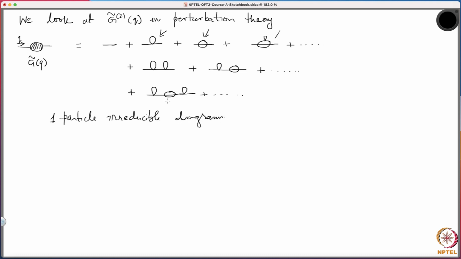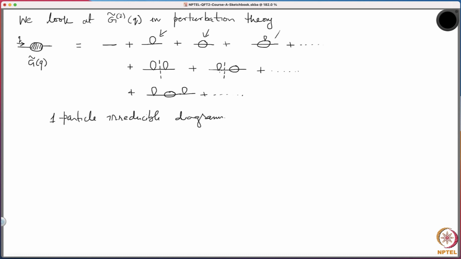Let's look at this one. This one is not a one particle irreducible diagram. Why? Because if you cut this line here with a scissor, it falls apart into two diagrams. Similarly here. So these are reducible.